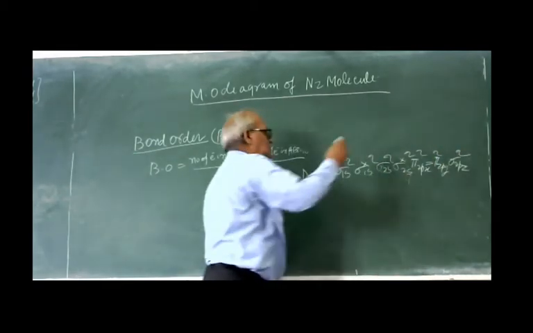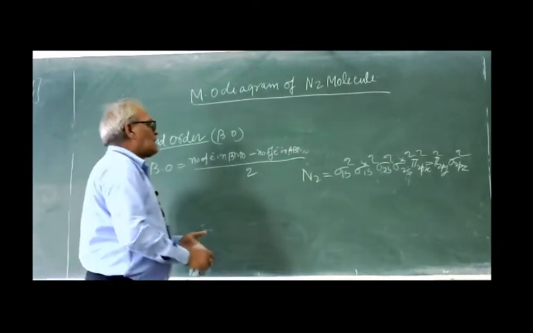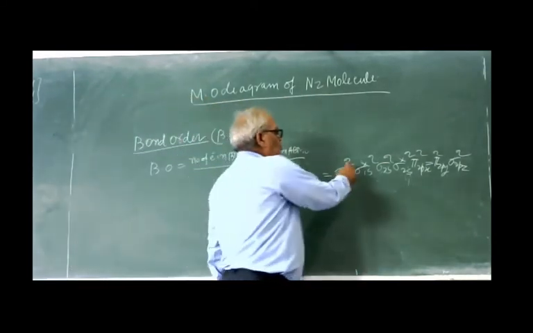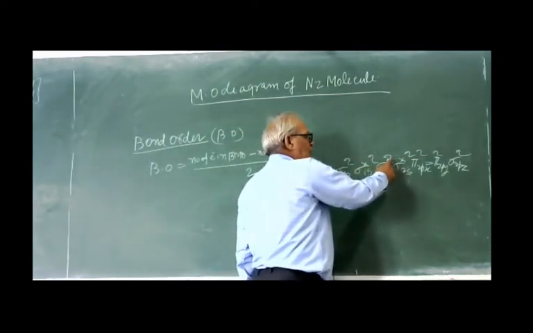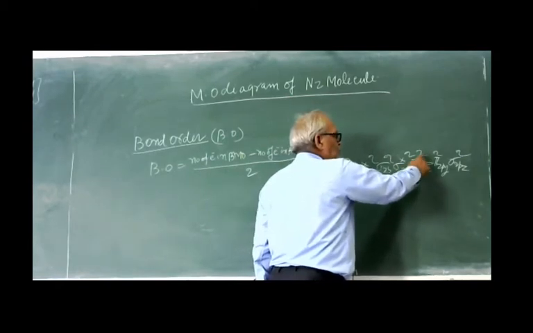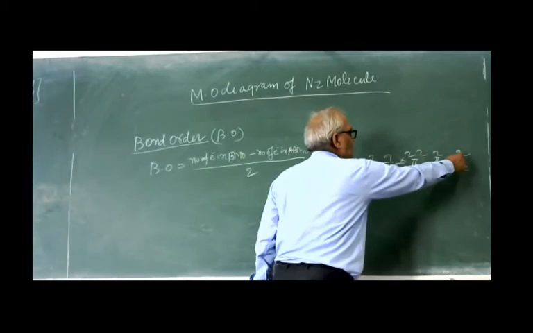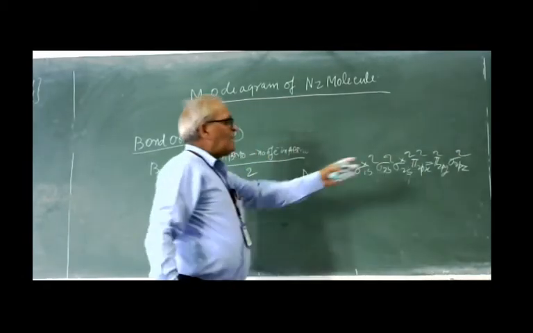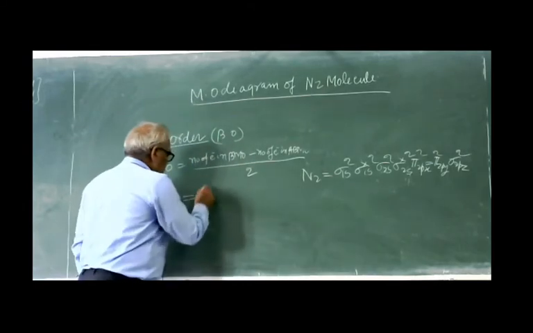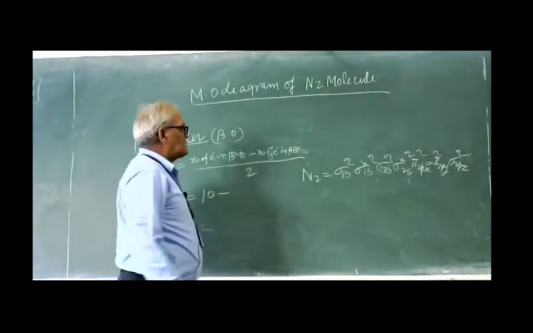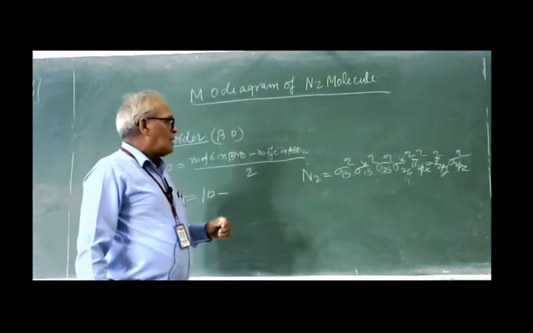This is the electronic configuration of the nitrogen molecule. Just see the number of bonding electrons: 2, 4, 6, 8, 10. So the number of electrons in bonding molecular orbitals is 10, minus the number of electrons in anti-bonding molecular orbitals.